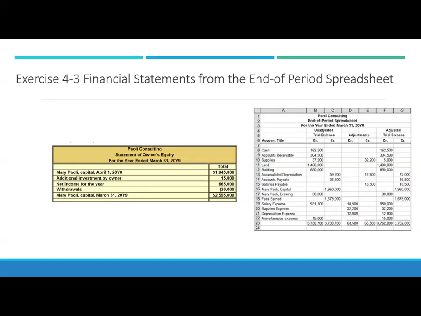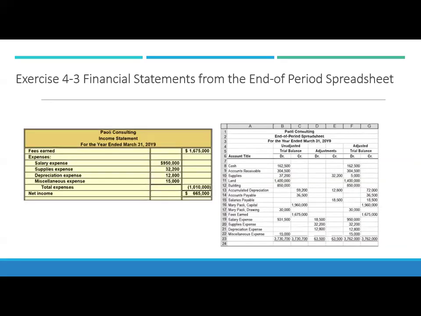Then to get our net income, so I skipped the slide here. The income statement is done first. So we take our fees earned and all of our expenses just directly from the adjusted trial balance here. So it's all at the bottom portion. And we use the order in which they appear on the trial balance.